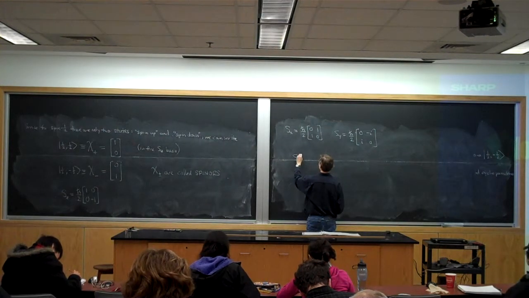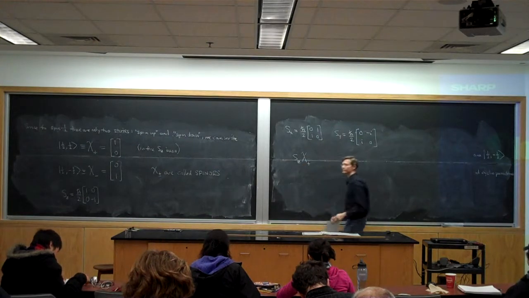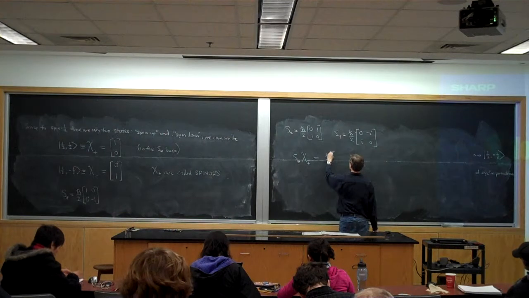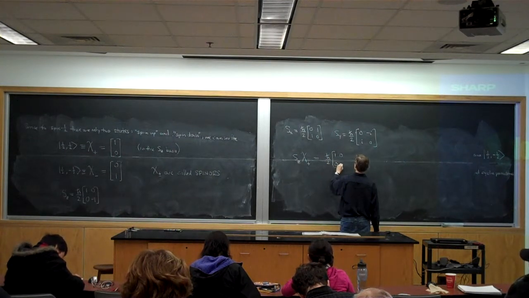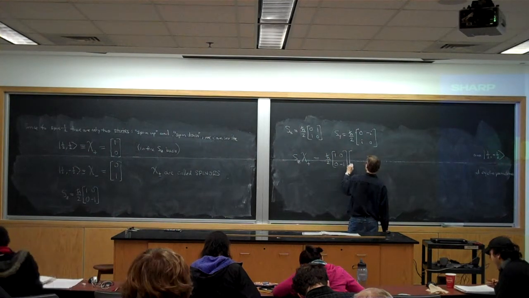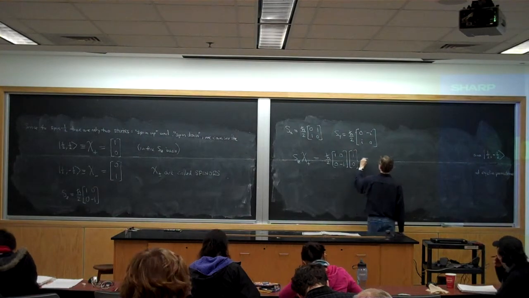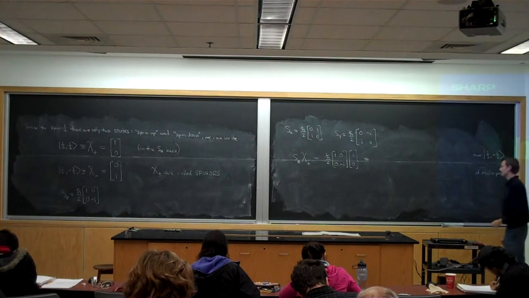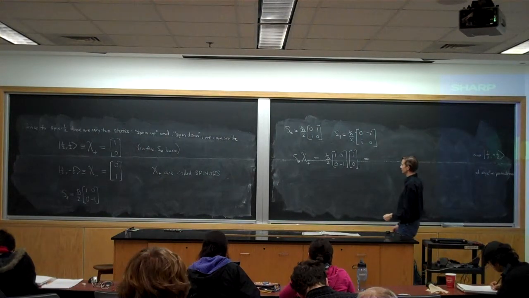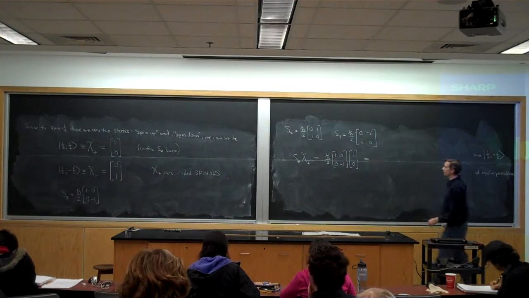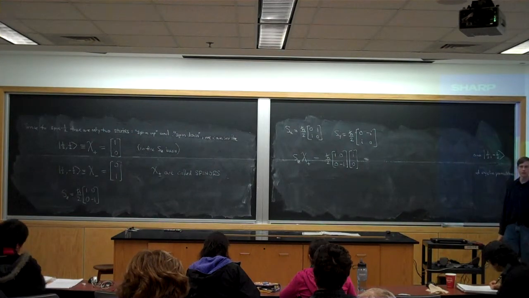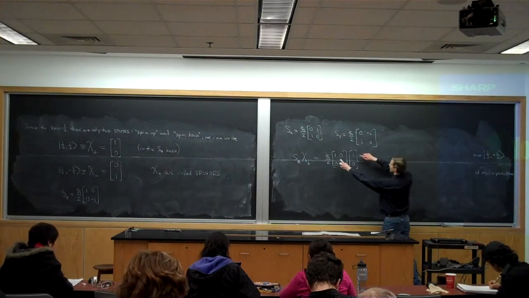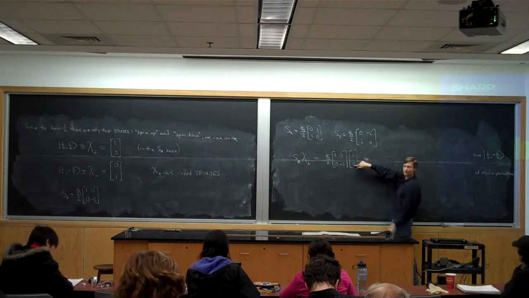If I apply S sub z to chi plus, that means take h bar over 2 times [[1, 0], [0, -1]] and hit it with (1, 0). What do I get if I multiply that matrix times the column (1, 0)? The first component is 1 times 1 plus 0 times 0.